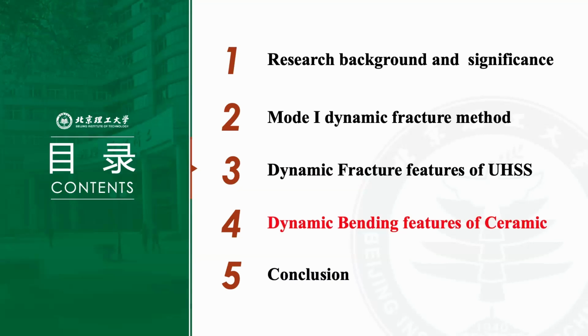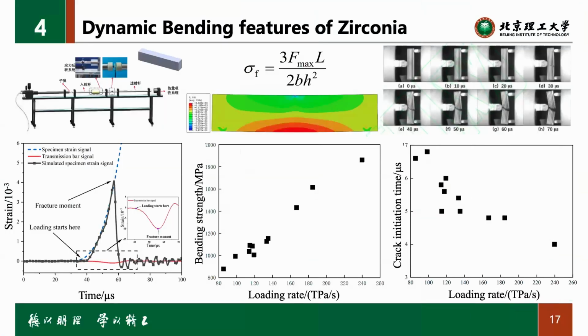Part 4 is the dynamic bending features of the ceramics. The proposed Model I dynamic fracture method is still used here to measure the dynamic bending stress of the ceramic.